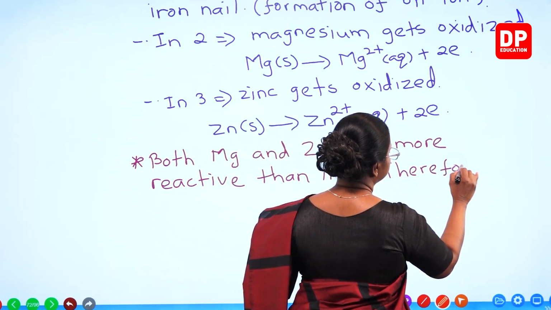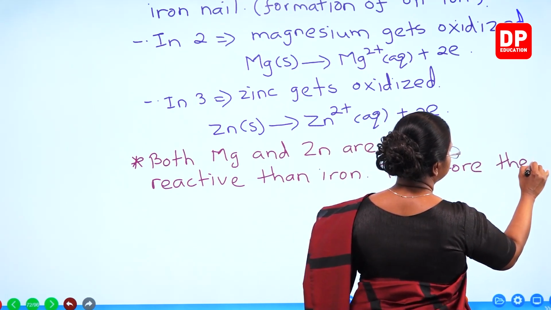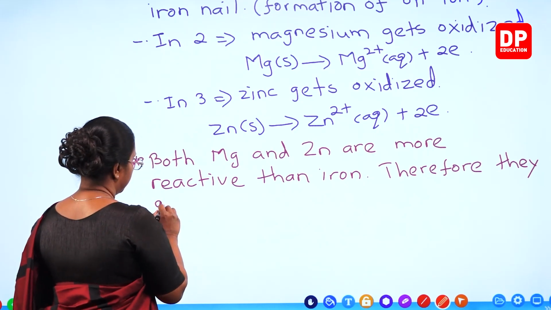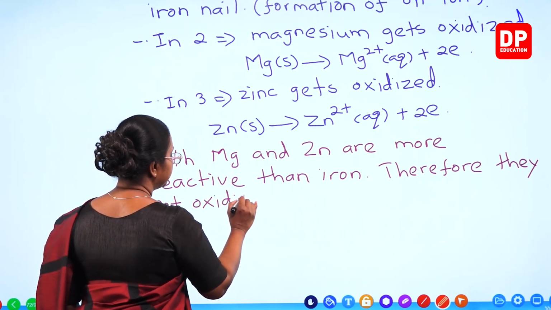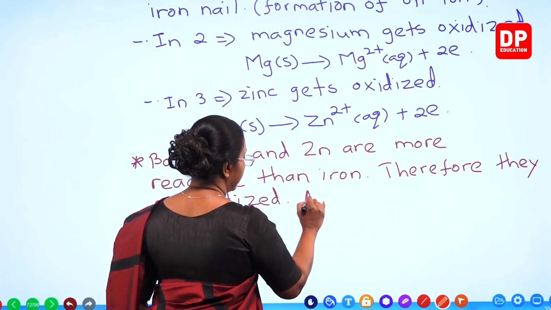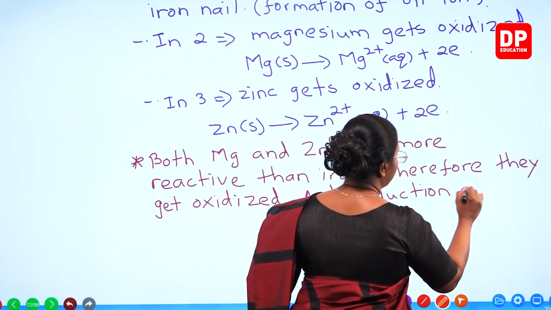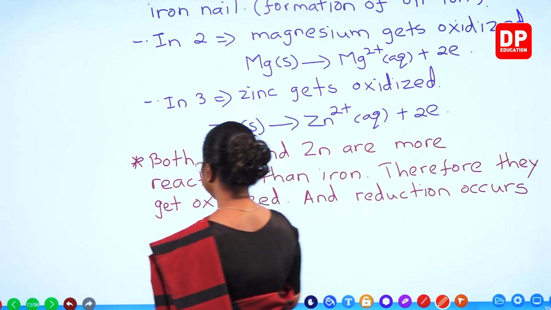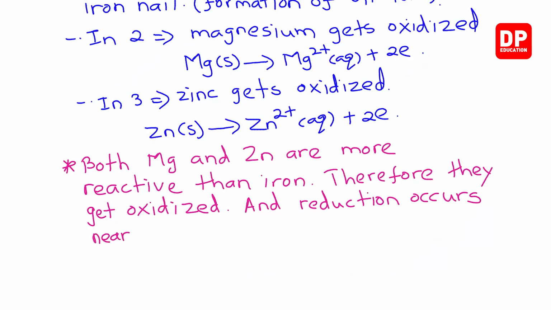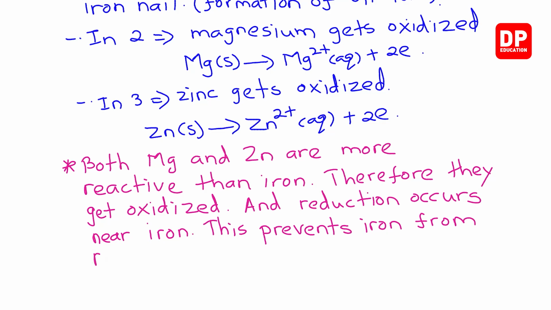Therefore, they get oxidized and reduction occurs near iron. This prevents iron from rusting.